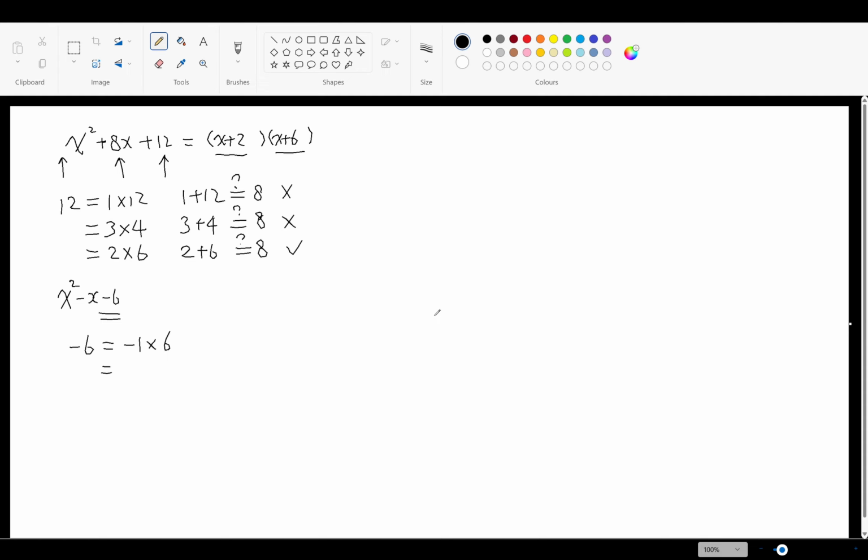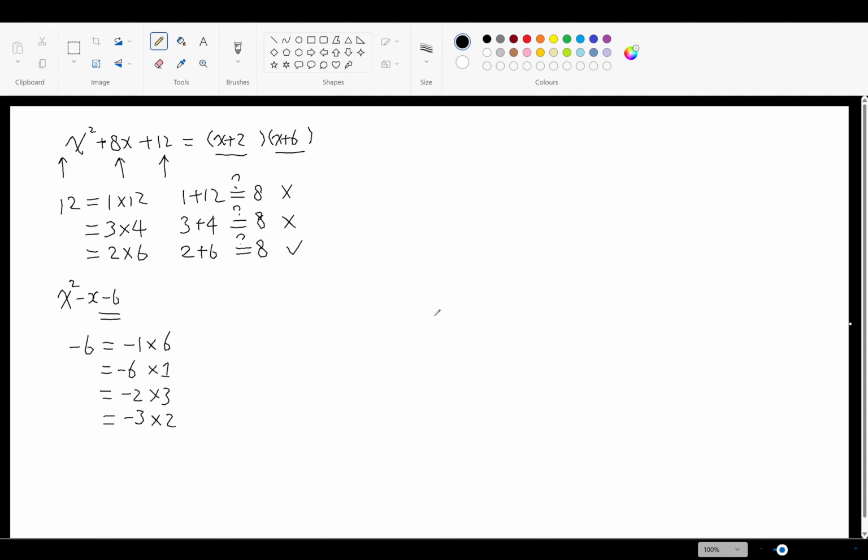It also can be minus 6 multiplied by 1, or minus 2 multiplied by 3, or minus 3 multiplied by 2. I think that's all. And then you do the summation and the check.